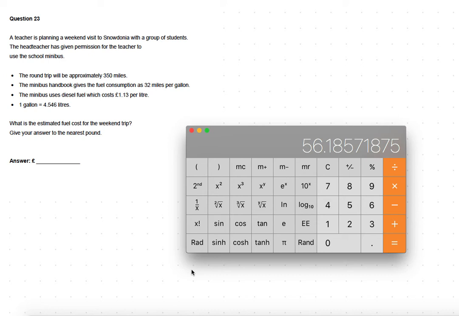So this is £56, and then we've got a load more digits. Let me just jot that number down: 56.1857, and again, the rest of the digits aren't really important here. Now if this is money, we can't leave our answer like this even if it didn't ask us to round it. Let's say I cross this bit out.